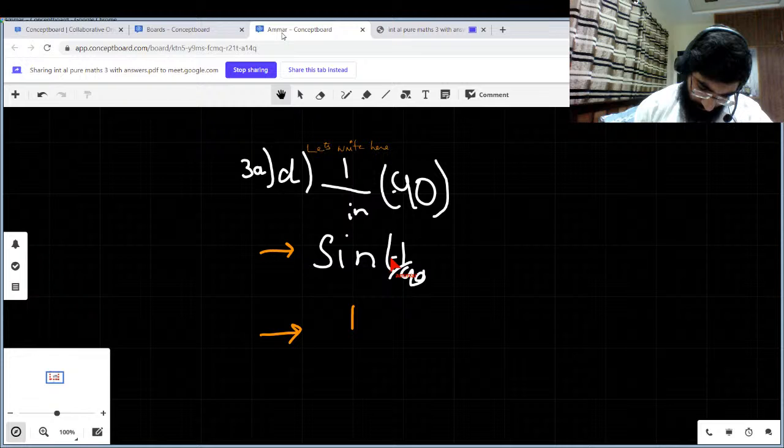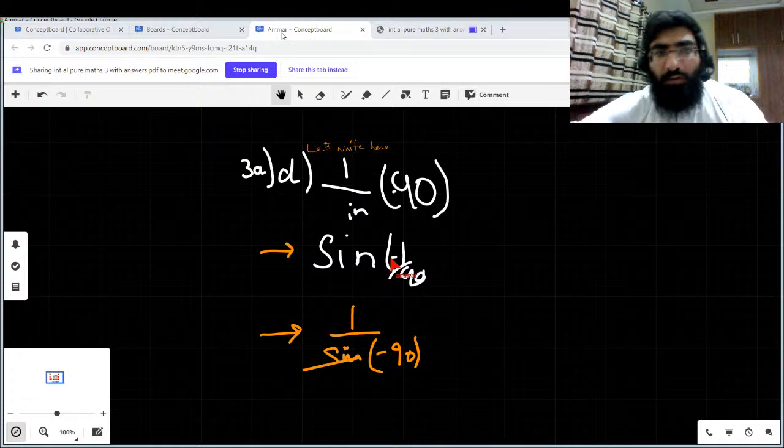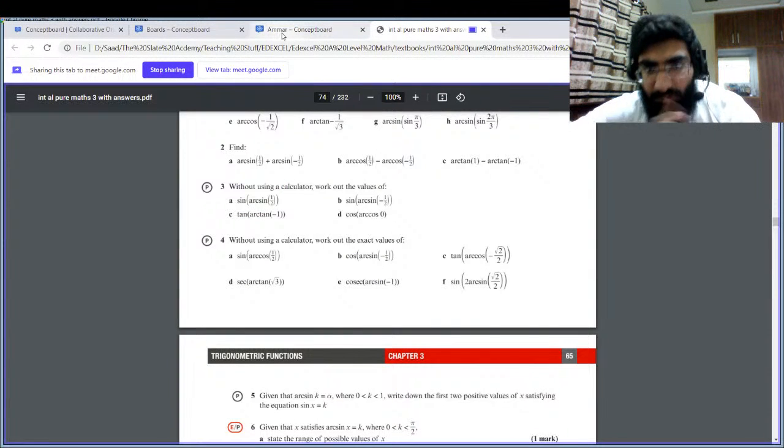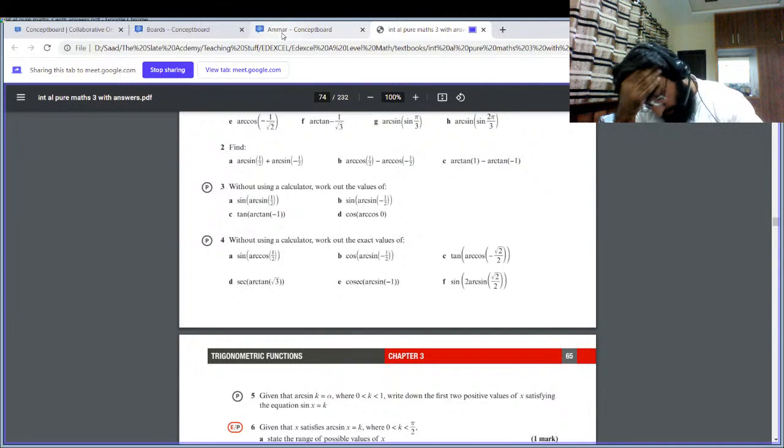Arc sine 2, okay, I can do 2 sine inverse right here. Sine inverse is not equal to 1 by sine, right? No. But 1 by sine is cosec. Yeah, but how is it not equal to sine inverse?